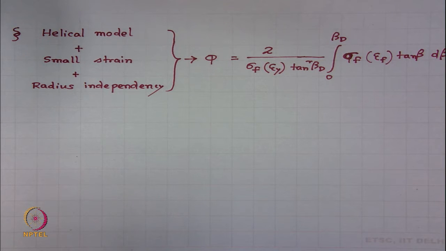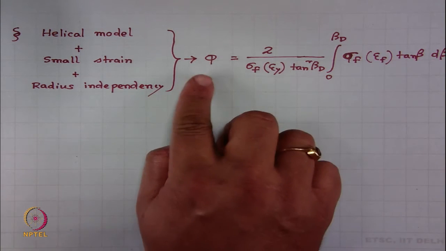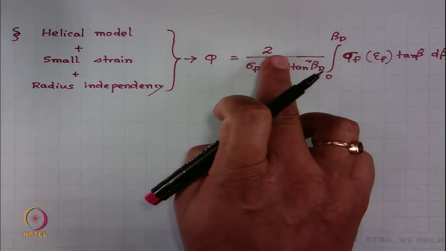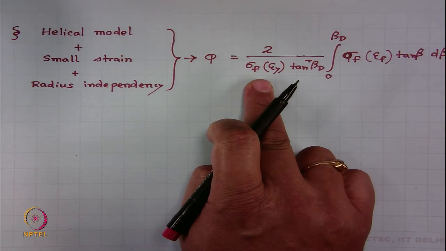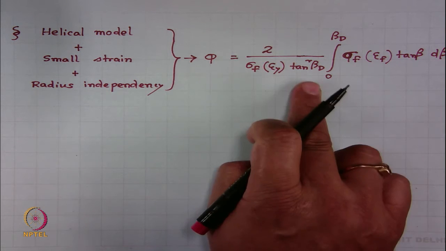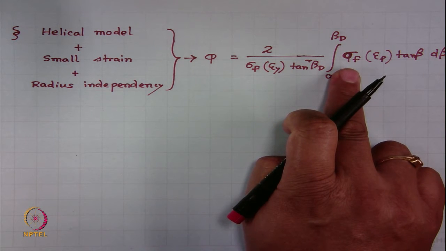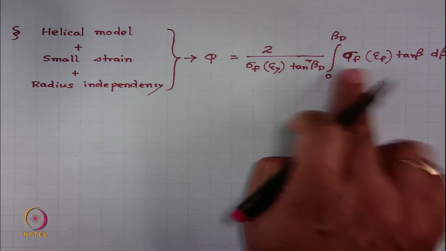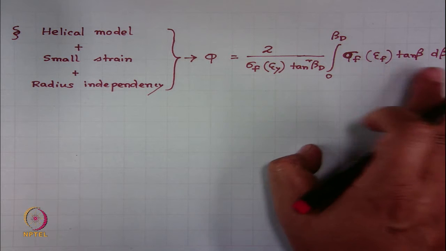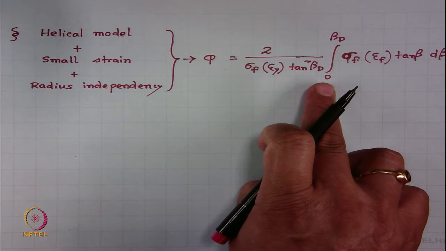So, this was our most general expression based on these three ideas. This is the fiber stress utilization phi 2 by tan square beta d, where beta d is the twist angle, and sigma subscript f is the fiber stress at an elongation, multiplied by tangent of beta d beta. The limits of this integral are from 0 to beta d.